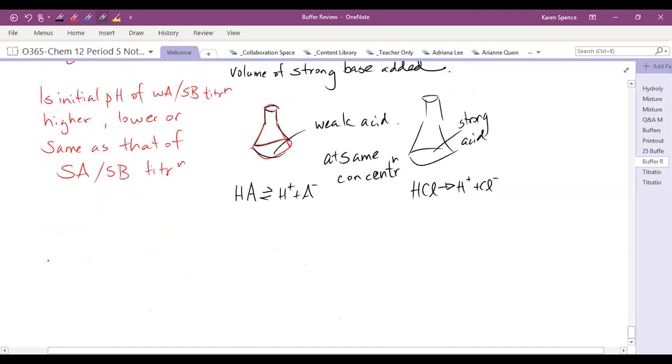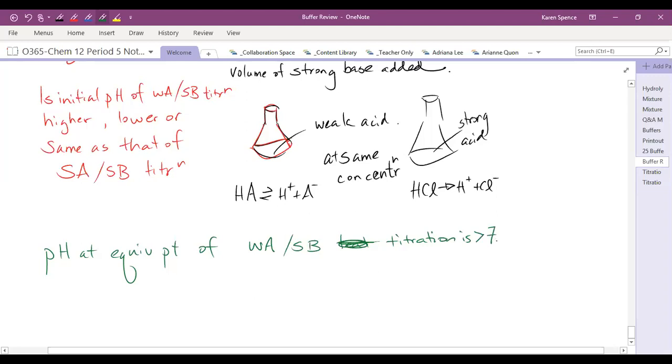So the pH at the equivalence point of a weak acid, strong base curve is, or actually, shouldn't write curve, I should write titration. Titration. Dear Lord, titration is greater than 7.